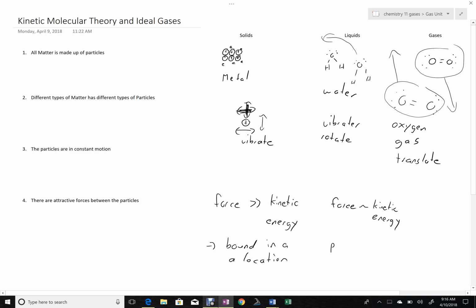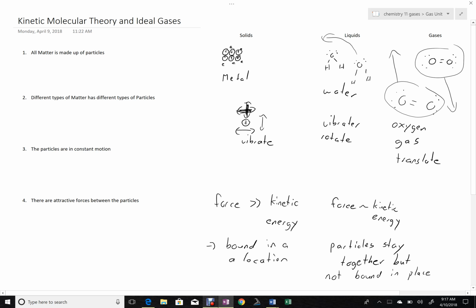The particles stay together, but they're not bound to the location. So they're not stuck in an individual spot.